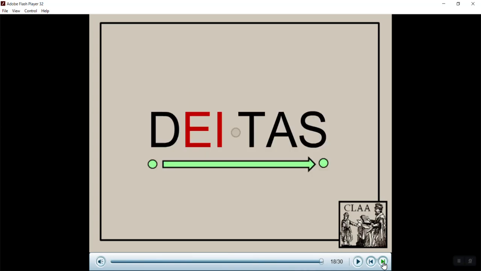Now let's read a couple of words that have the diphthong oe. Point to the green dot under the consonant d, and we'll read this word together. De, tas. Detas.